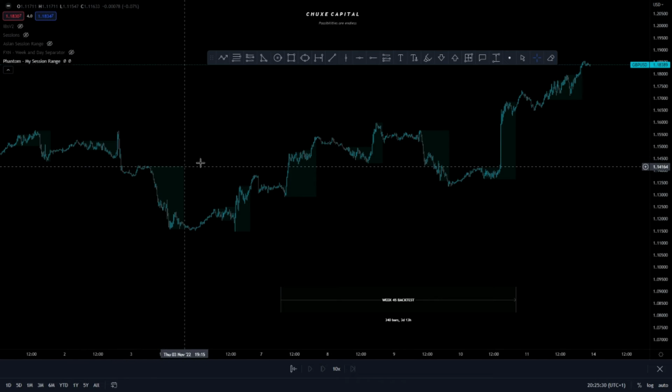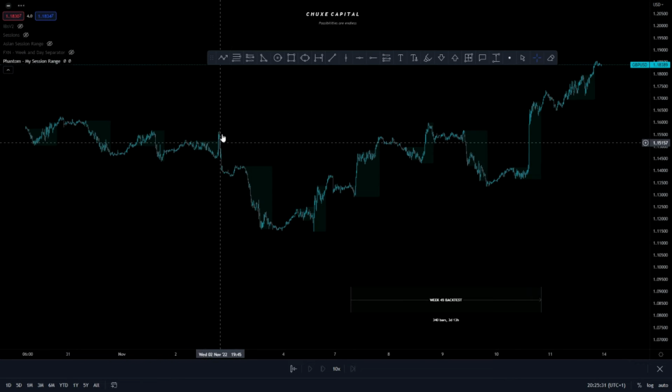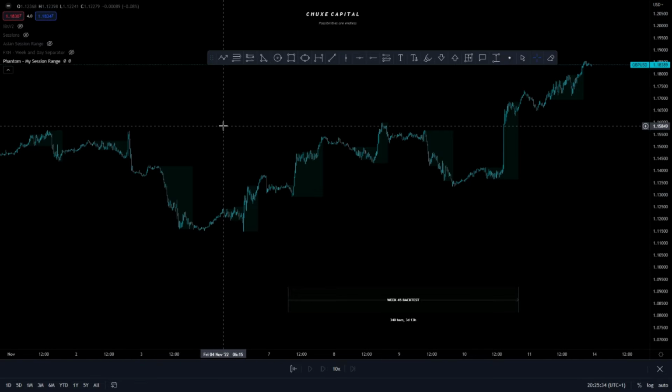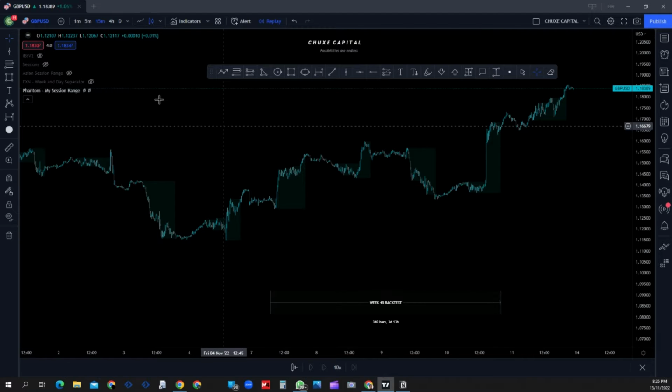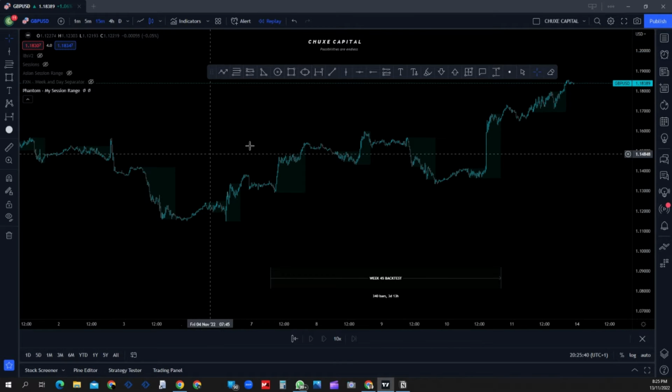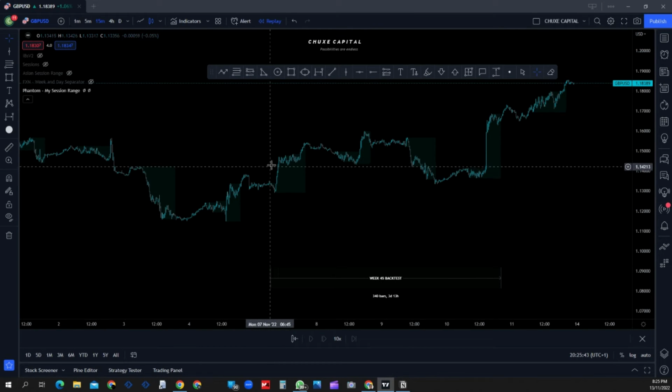Now, right here on my screen, I have the GU chart. This is a 15 minutes chart, and what we have here is my session range.